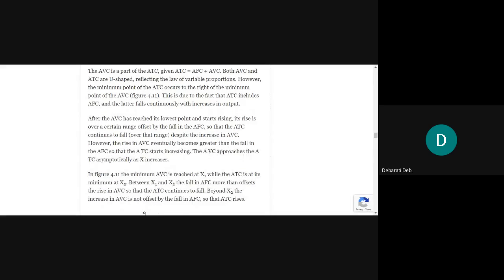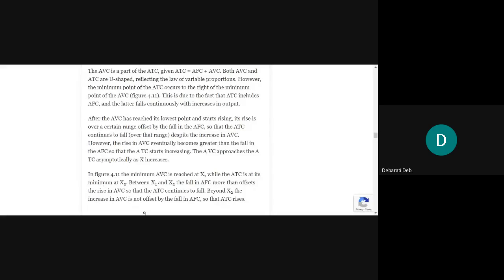Now remember the AFC curve, it is a rectangular hyperbola, no? It keeps on falling continuously, because fixed cost is the same, but the denominator is going on increasing. So the AFC curve will go on falling, isn't it?